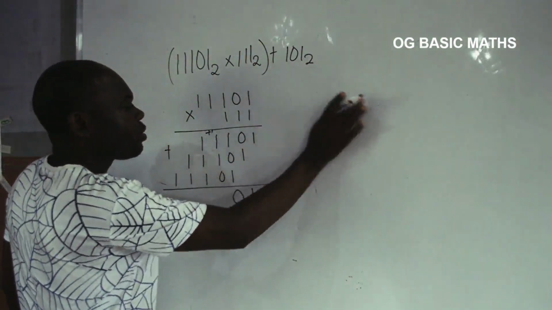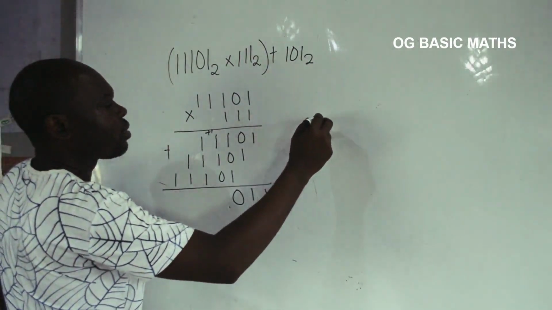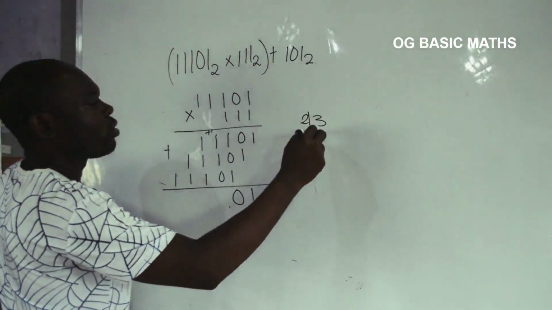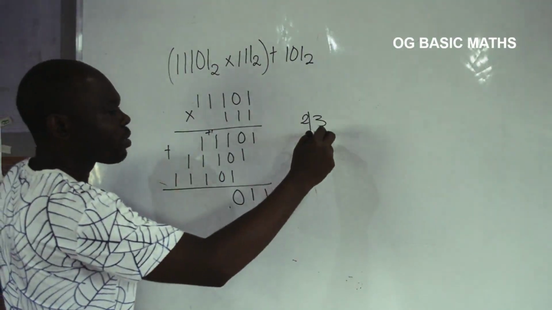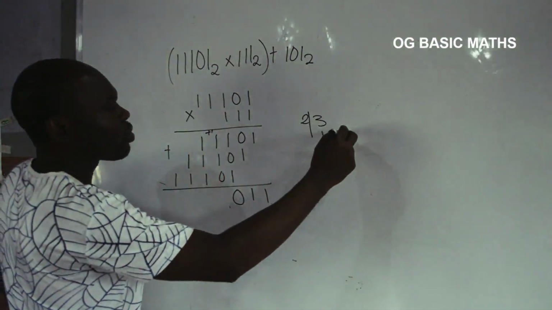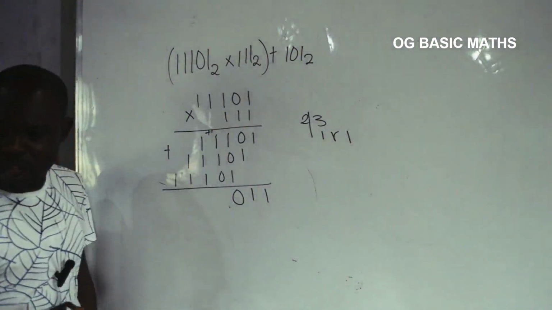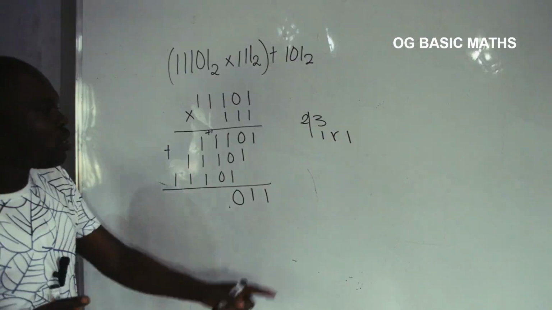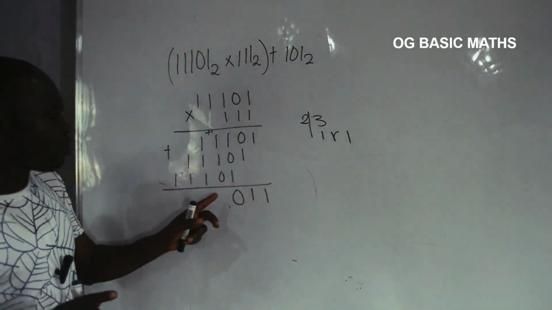So you divide 3 by 2. You have 1 remainder 1. The remainder is what we are going to write here.